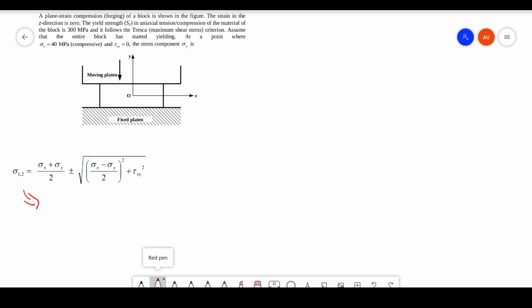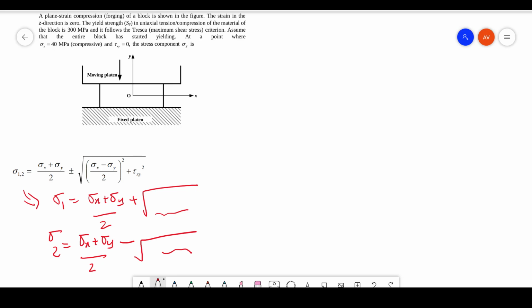So let's use this formula in deriving what is sigma 1 minus sigma 2. So your sigma 1 is basically, let's assume sigma 1 is maximum. So you will have sigma x plus sigma y by 2 plus the quantity in the root. Same way sigma 2 you can represent as sigma x plus sigma y by 2 minus the quantity inside the root.